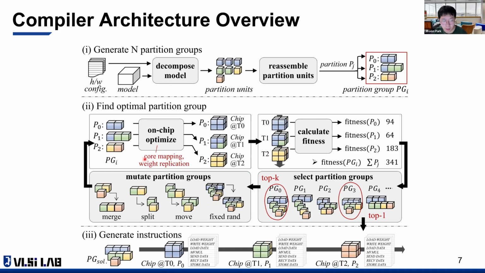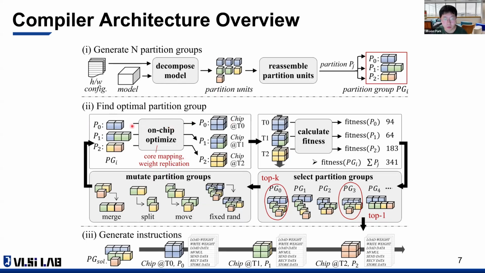The PIMComp and the Puma compiler are already compilers that work when you map the weights wholly on chip. So when you get a single partition, which maps wholly onto the chip, you can put it into an on-chip optimizer like Puma or PIMComp and do the core mapping and replication that optimizes this partition for that chip.